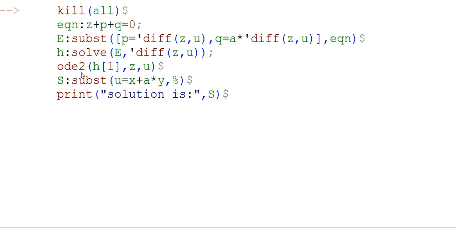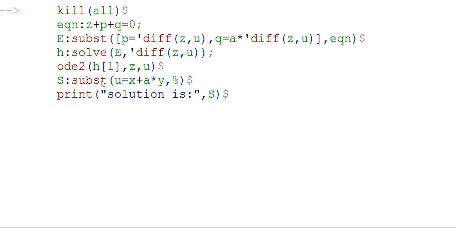In the ode2, inside that bracket, there are three parameters. The first term will be the equation which is supposed to be solved. The second term will be the dependent variable. The third term will be the independent variable. So now I'll write here ode2 of h of 1, comma, z, comma, u, because this is the equation and z is the dependent variable here and u is the independent variable.